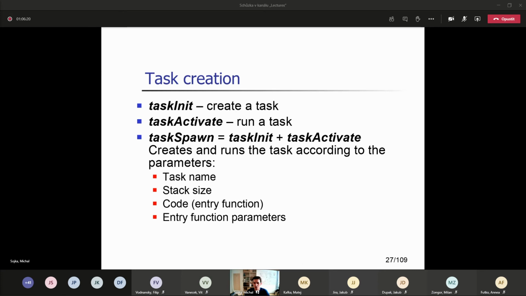You already know task spawn, and basically task spawn is a combination of the two above functions, task init and task activate. All these functions have some parameters like task name, what is the stack size, what is the entry function, like where is the code that this task should execute, and what are the parameters.